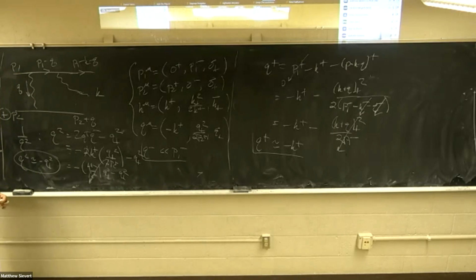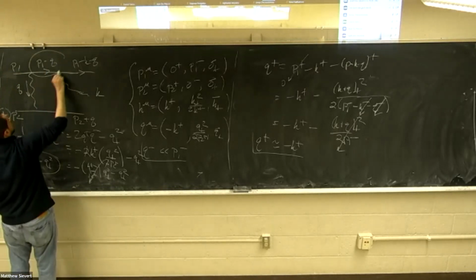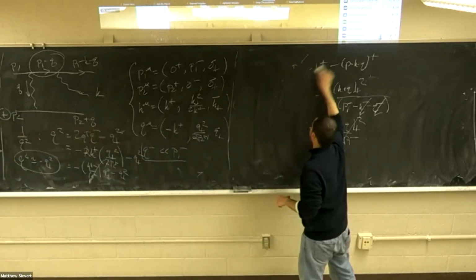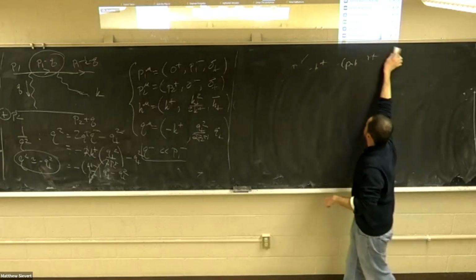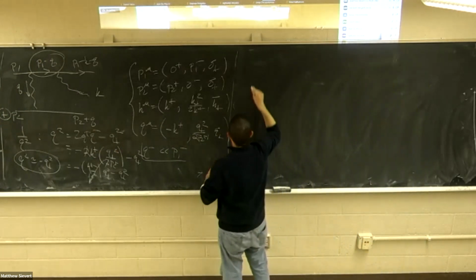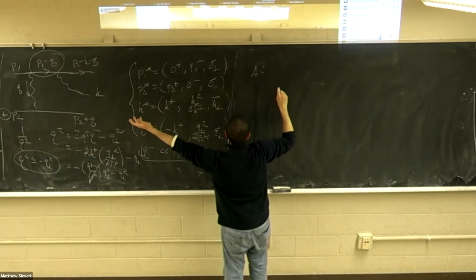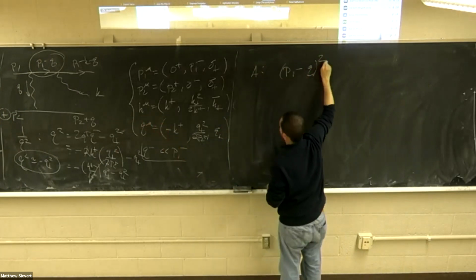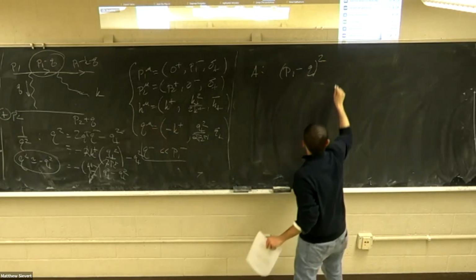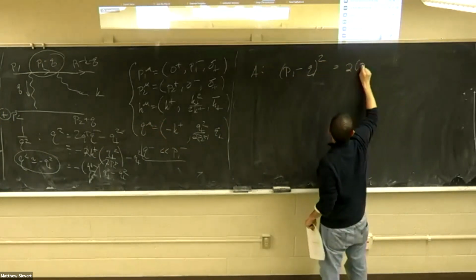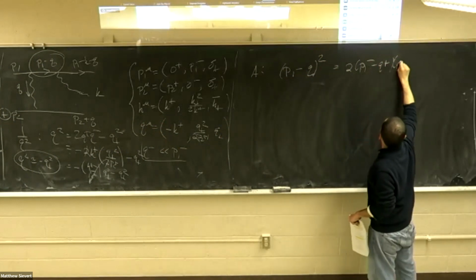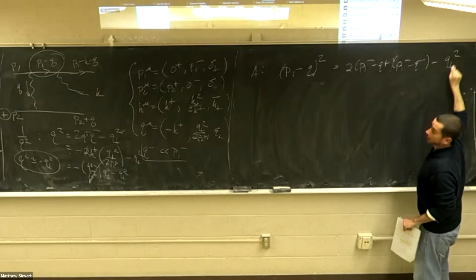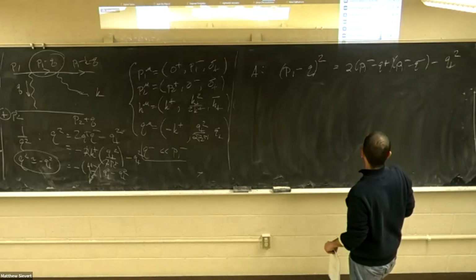The other thing that I need to calculate in terms of virtualities is the intermediate state propagator. That one is different from diagram to diagram. So for diagram A, which was this final state radiation case, I need to calculate P1 minus Q squared. P1 minus Q squared is 2 (P1 plus minus Q plus)(P1 minus minus Q minus) minus Q perp squared, where that is the transverse momentum component.